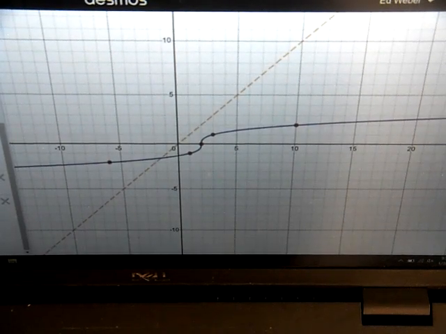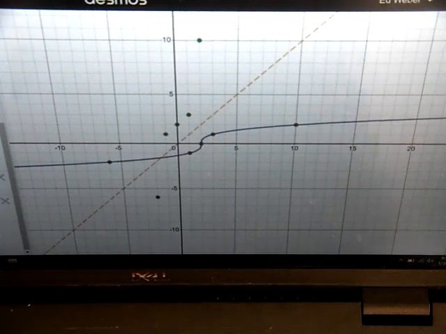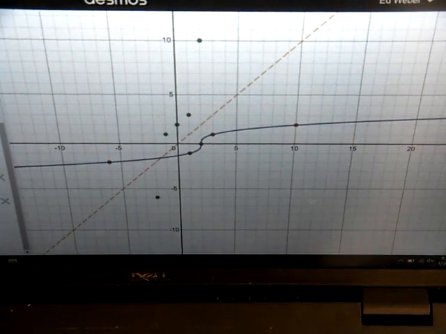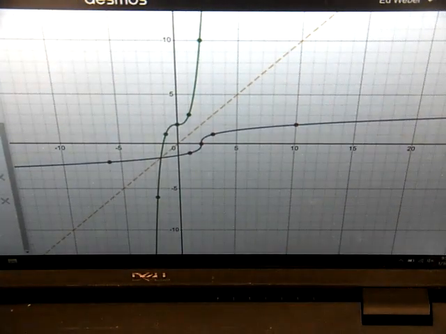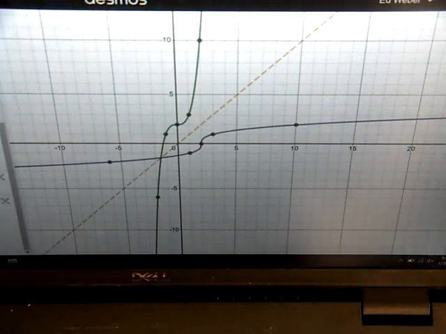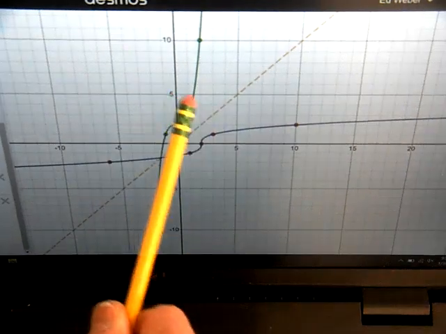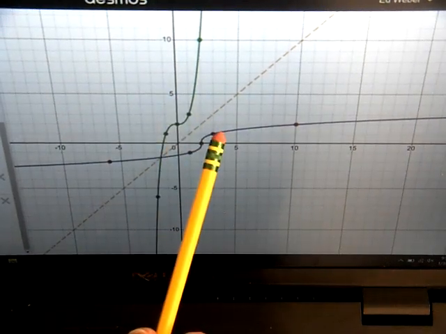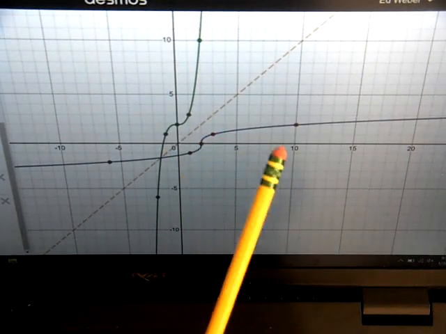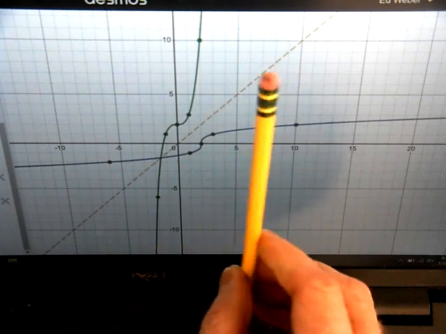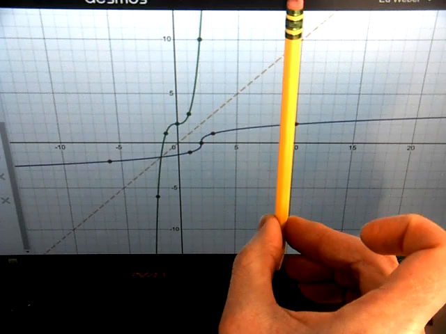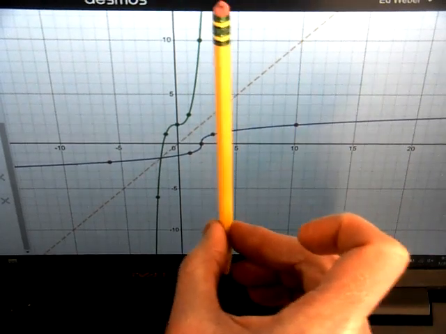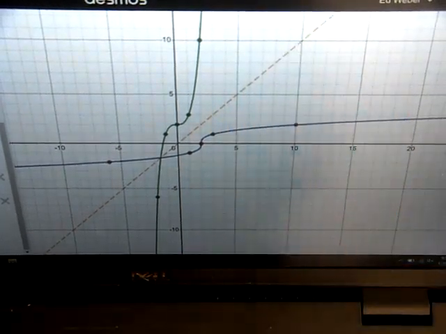We can plot those, the other table, and connect those. So these are two graphs that are considered inverse relations to each other. And in fact, these just aren't relations, these are functions. You know from Algebra 1 that a function passes a vertical line test. We'll talk more about that tomorrow.